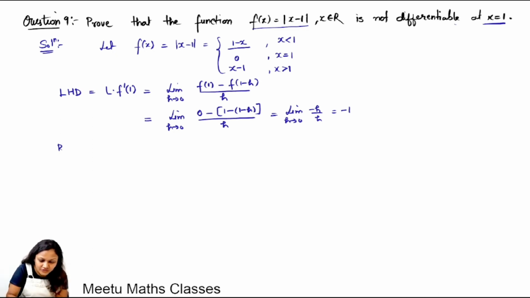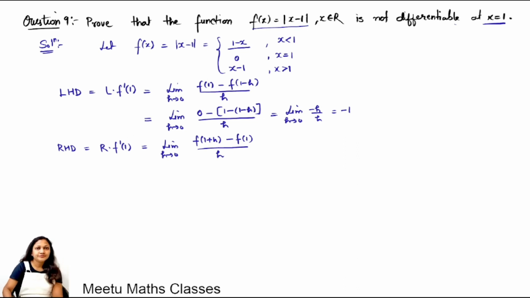Now we are also going to calculate the right hand derivative at x equals 1, and that is defined as limit h tends to 0 of f(1 plus h) minus f(1) upon h. Now to the right of 1, your function definition is x minus 1.